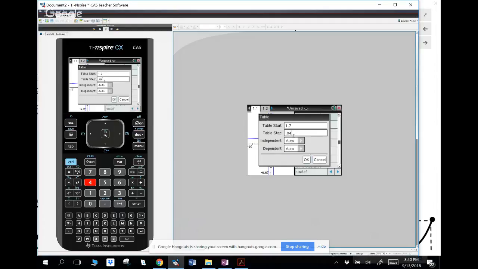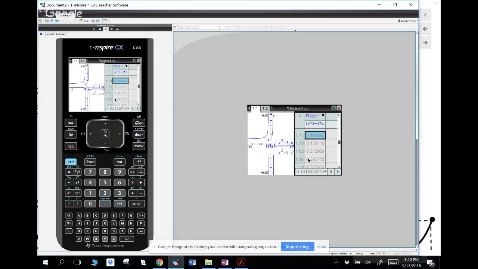So each step is going to go 0.04. So let's see what that looks like. All right, so from 1.7, we're going up, getting closer to 2. Let's see what's going on. 0.36, 0.34, 0.32, 2.